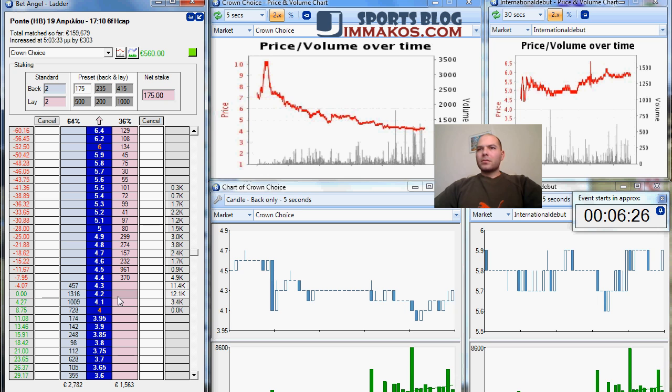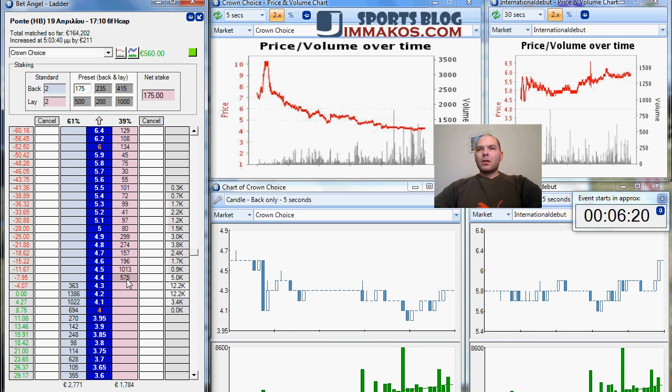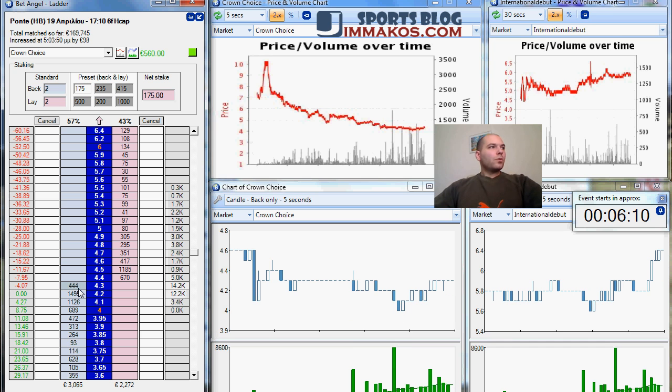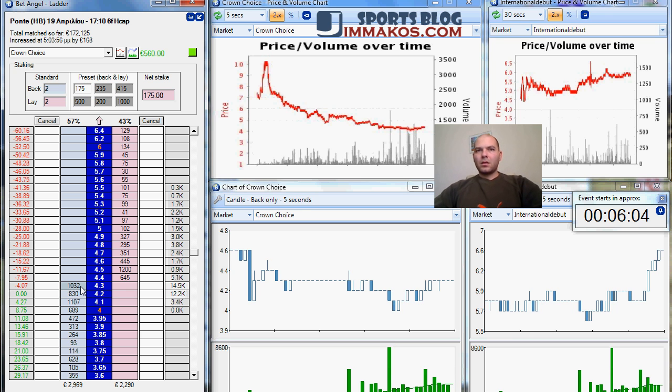Patience is required as liquidity is low at the moment. 4.5 is going to be my stop loss point. I saw with the mouse pointer that the graph of the second horse has currently entered an uptrend, having broken the resistance level of 6.